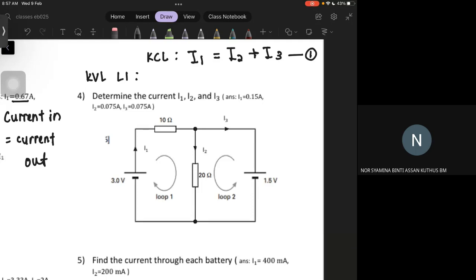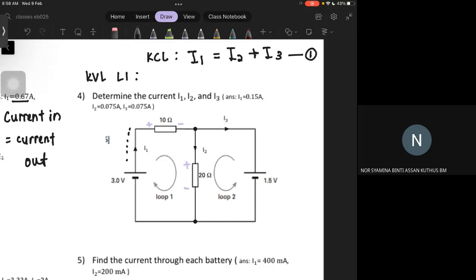Apa yang kita boleh buat, benda pertama adalah setkan dia punya positif and negatif terminal untuk setiap resistor berdasarkan current flow. So current is flowing this way. Current is flowing this way. Kan? So sini positif, sini negatif. So current I2 pun sini positif, sini negatif. Ada dua je resistor.